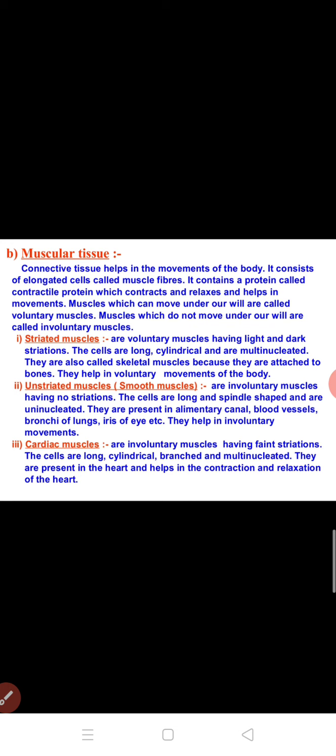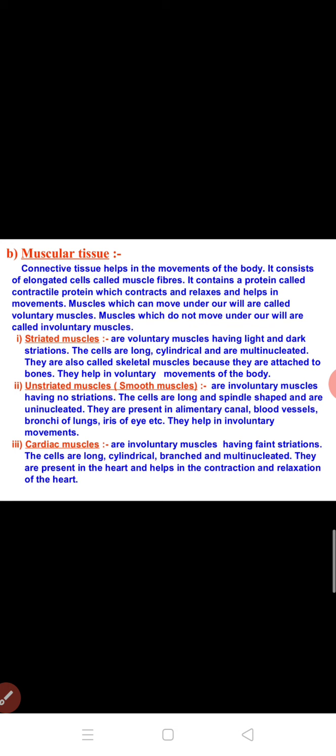It contains a protein called contractile protein which contracts and relaxes and helps in movement. Muscles which can move under our will are called voluntary muscles, and muscles which do not move under our will are called involuntary muscles. So these three types of muscular tissues are found in our body.